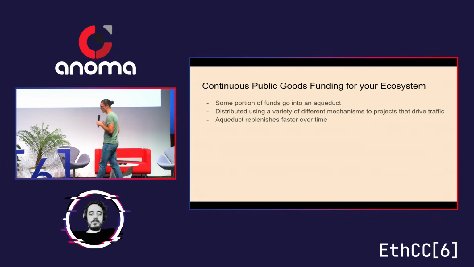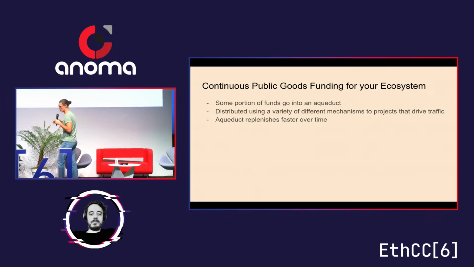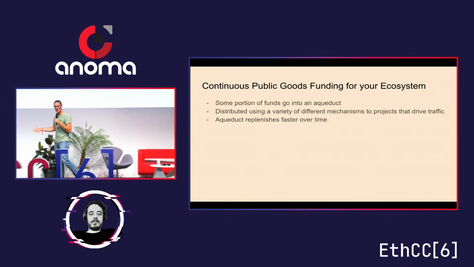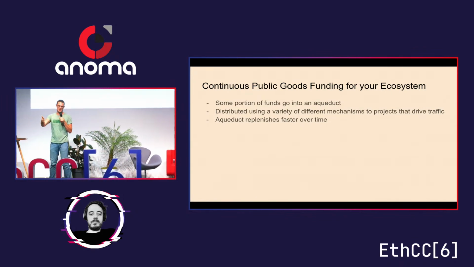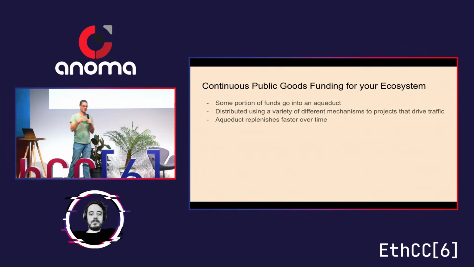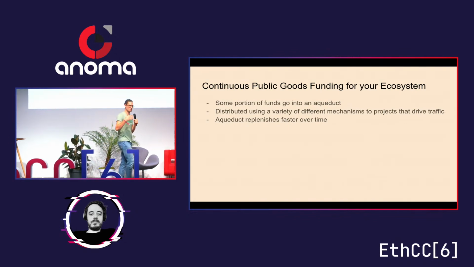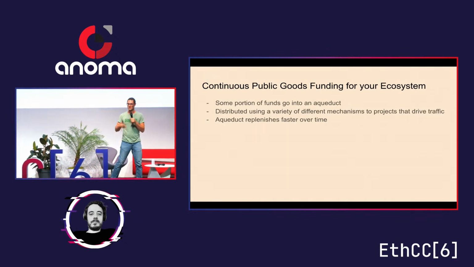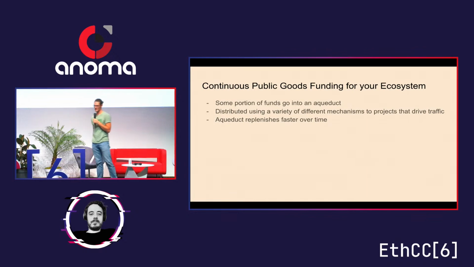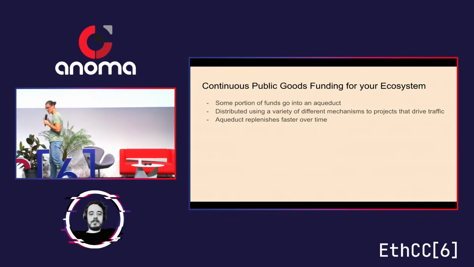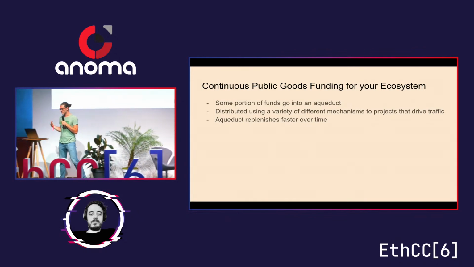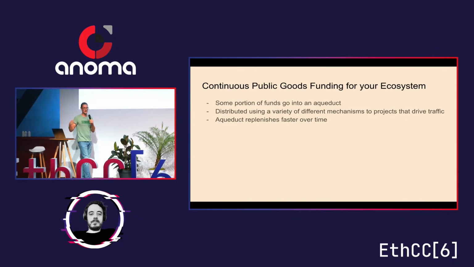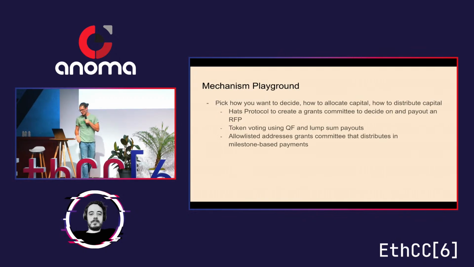After a certain period of time, or once a certain amount of funds have been raised, you're going to distribute that Aqueduct in another round of funding into projects that you as a community feel are going to be promising in driving more growth for your project. That's going to generate more revenue for your fee structure or whatever it is, which is going to replenish the Aqueduct. And over time, if you're successful, the Aqueduct is actually going to replenish faster and faster with each round of funding. Okay, cool.